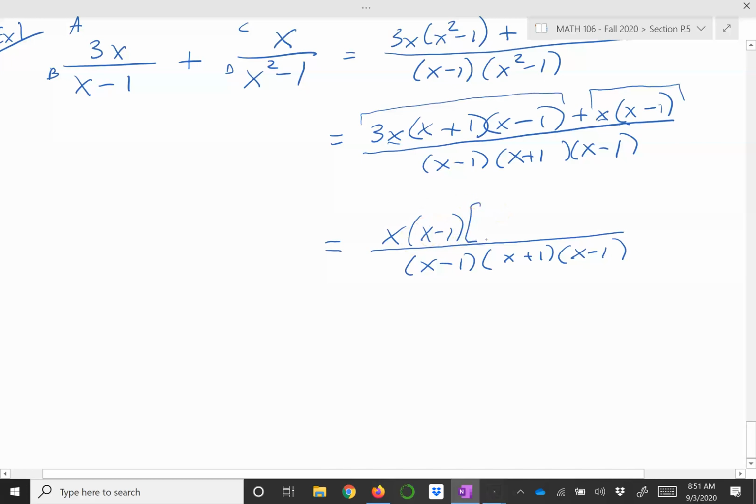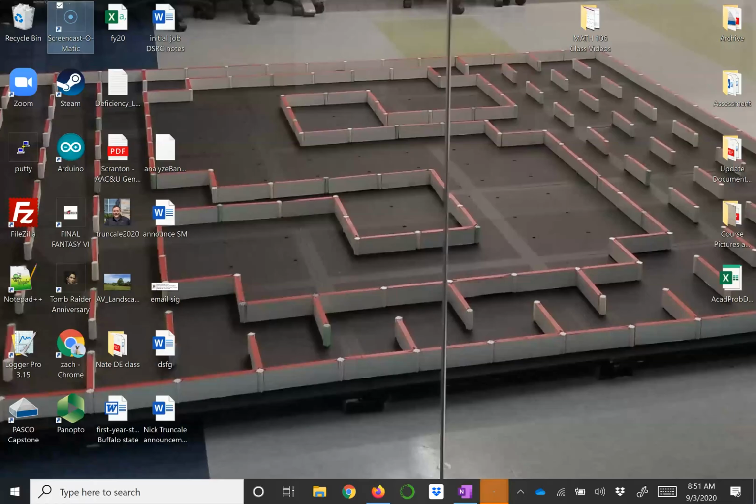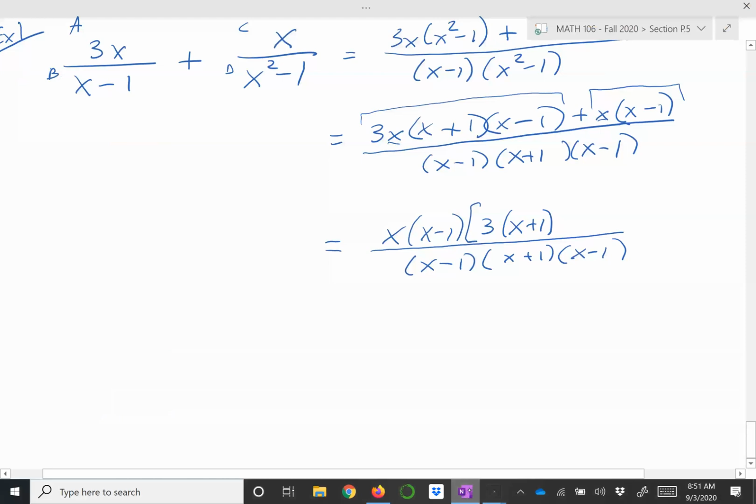I'm going to start using some square brackets here. We'll be left with a 3 times x plus 1. And then, what is this? And then we're left with, let's say, plus 1, right? That's all that. We basically took that entire second piece. Now that we're factored, can anything cancel? What can cancel?